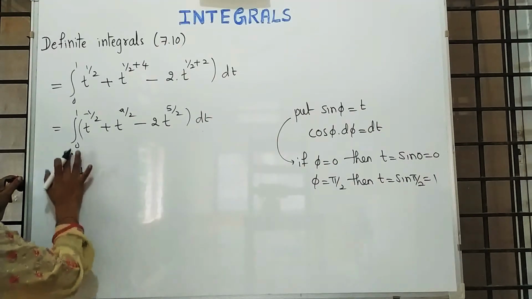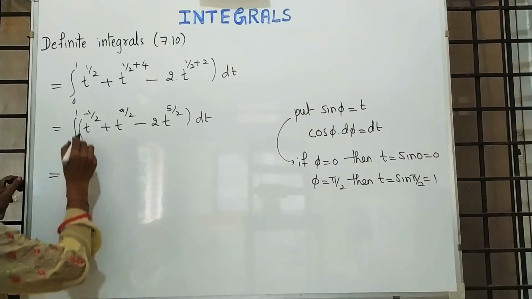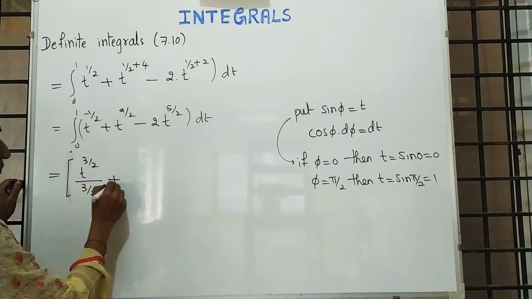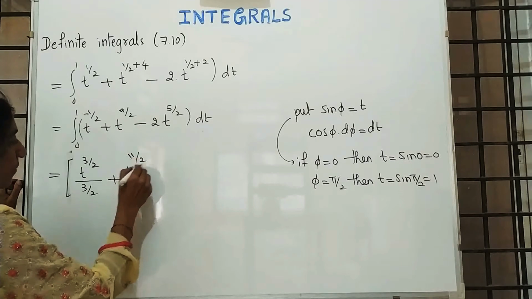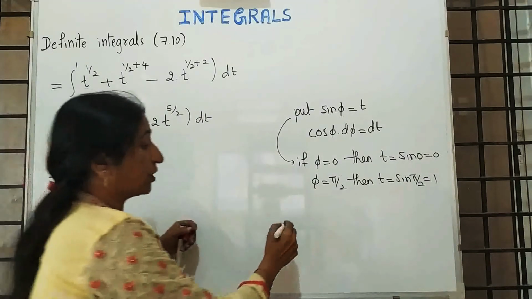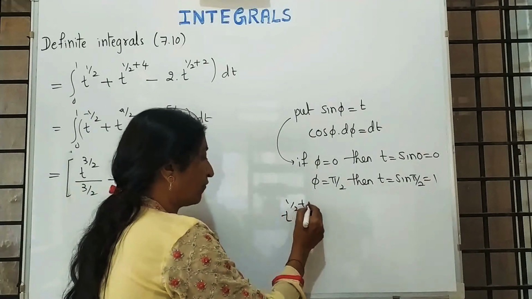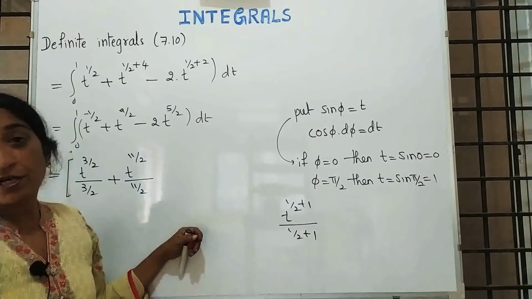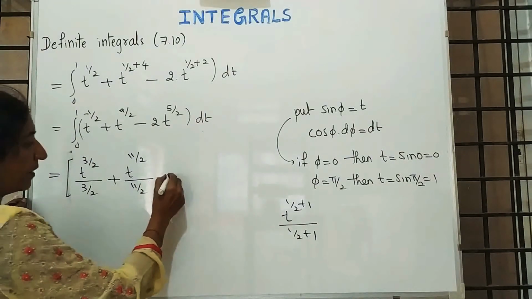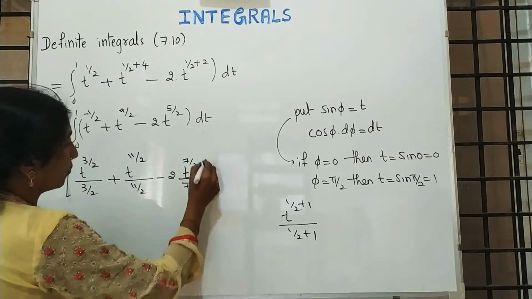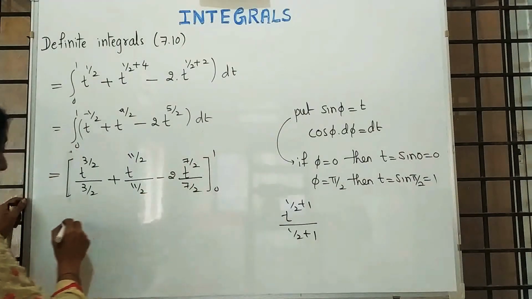When we are integrating, don't write the integration sign. 1 by 2 plus 1, directly we can write 3 by 2: t raised to 3 by 2 upon 3 by 2, plus t raised to 11 by 2 upon 11 by 2. Now are you familiar or what? I will show you how you got t raised to half plus 1 upon half plus 1. Correct, students? Yes, already you are familiar. Minus 2 into t raised to 7 by 2 upon 7 by 2 from 0 to 1.